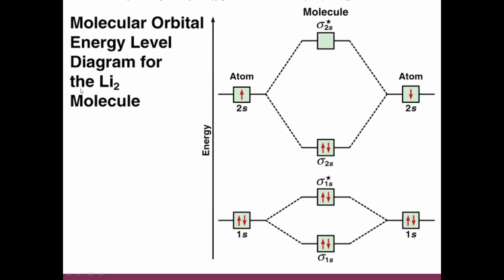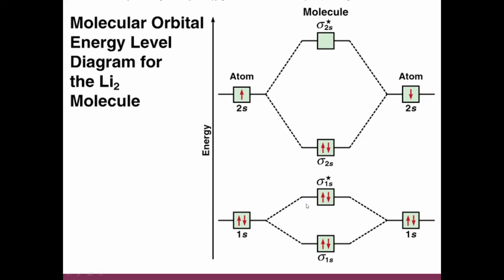Molecular orbital energy level diagram for lithium molecules: with lithium we have the 1s and 2s. 1s forms the 1s molecular orbital, and we have 2s, right? Sometimes we only talk about the valence electrons.